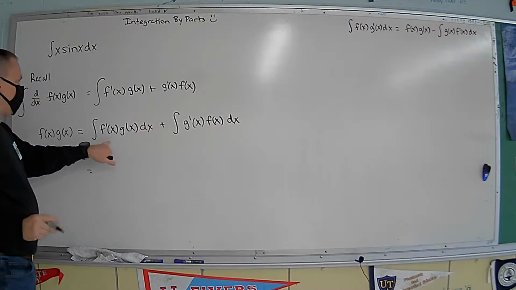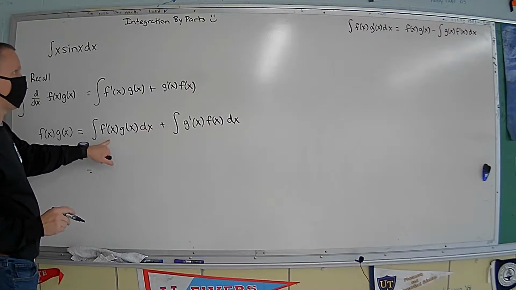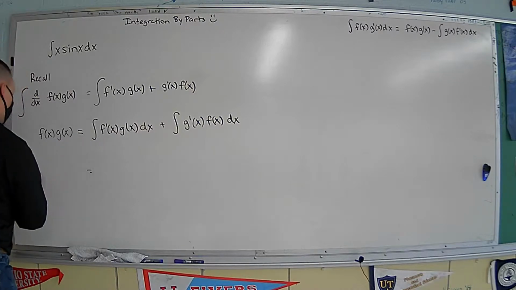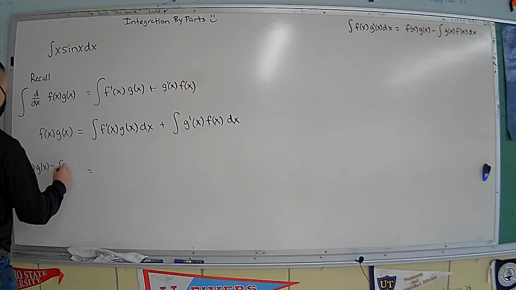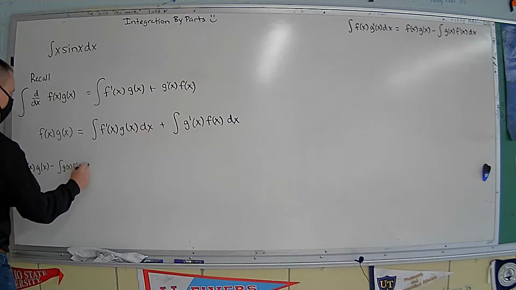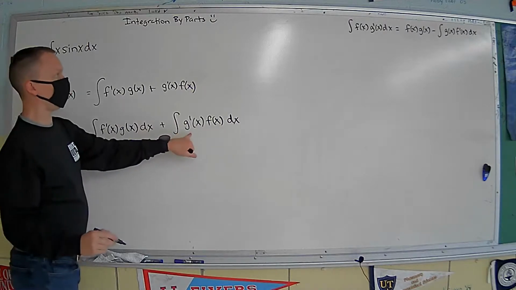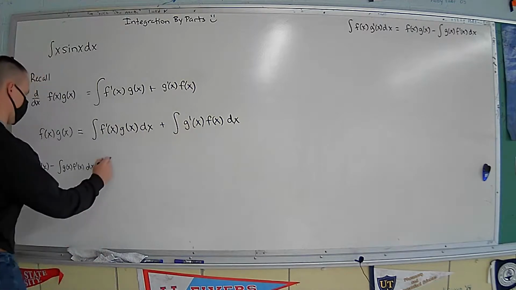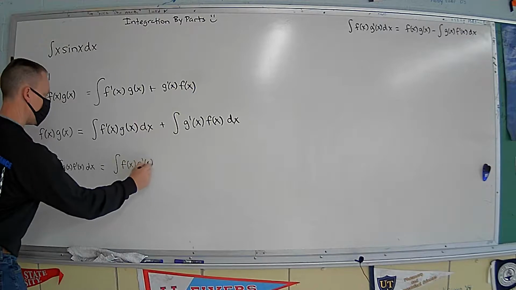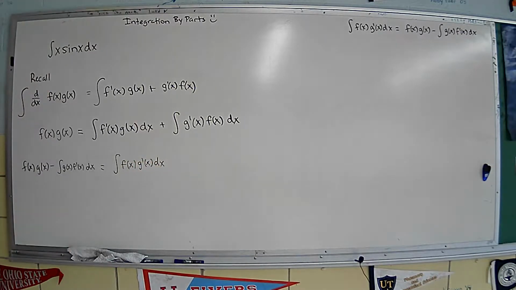But if I move this over here, like that, and I rearrange it to g f prime, which I'm allowed to do because multiplication is commutative, and then I rewrite this one right here in a different order, you see that?